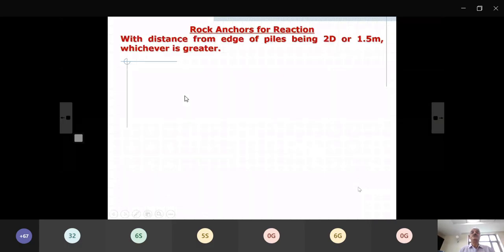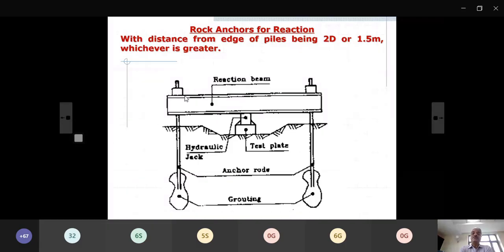Another system which is used is rock anchors for reaction. In this, either there is a sound rock, or you first put anchor rods by drilling small diameter holes and then do grouting through these anchor rods. So it develops some anchorage, and then that is taken through this reaction beam. You tighten it here, and this takes the reaction.